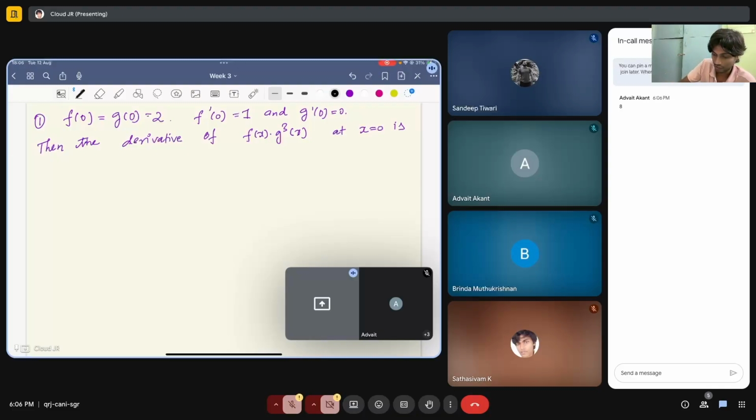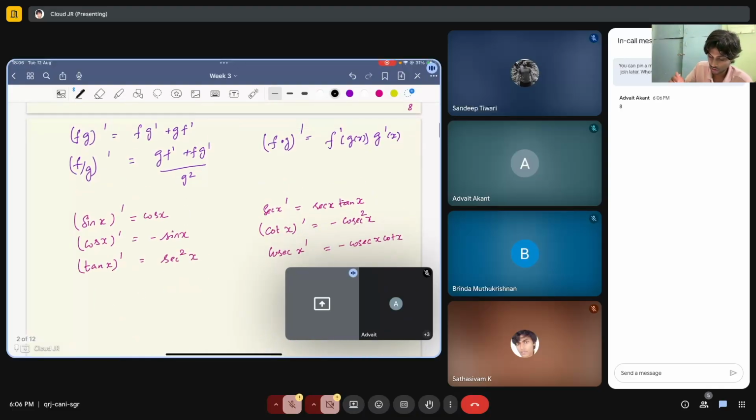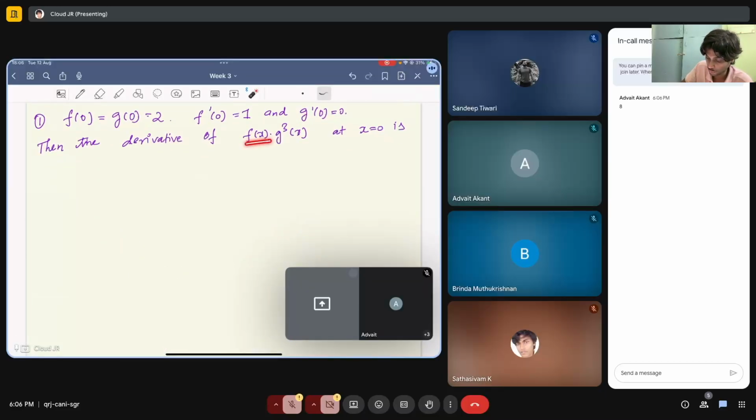Okay, so let's try to do it. If you see here, you have a product of two functions, right? This function itself is a product of functions, and you have another function here.